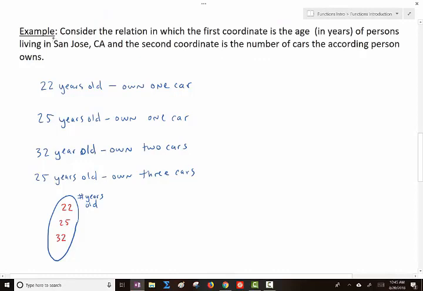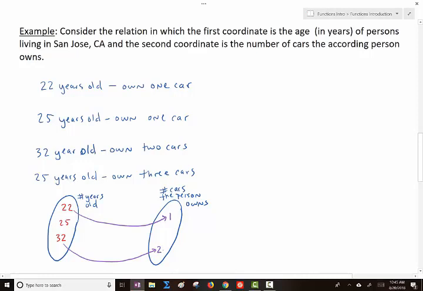In our second little oval looking thing, this would represent the collection of the second coordinates, which is the number of cars a person owns. And we can make a little diagram to say how many cars each of these persons owns. So the 22-year-old has one car. The 32-year-old has two cars.